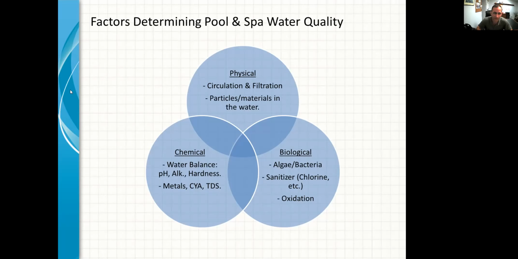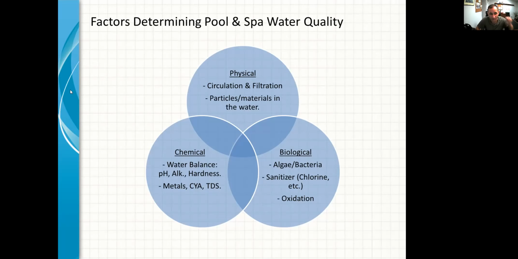So biological factors contributing to water quality has to do with algae, bacteria that could cause problems. Sanitizer, usually chlorine, but could be an alternate sanitizer. Sanitizer just means some chemical that sanitizes the pool, which means to kill bacteria and living things to a level that's acceptable as safe for swimming.